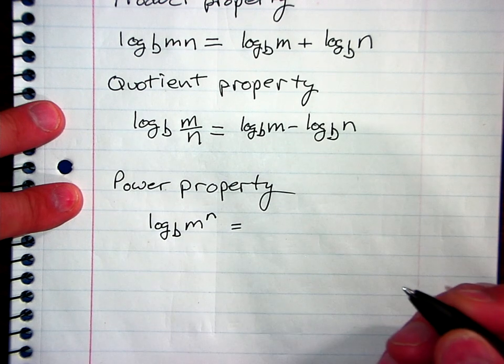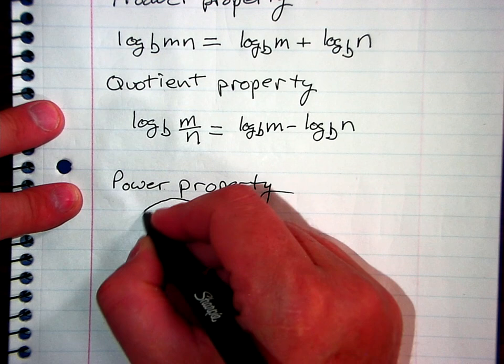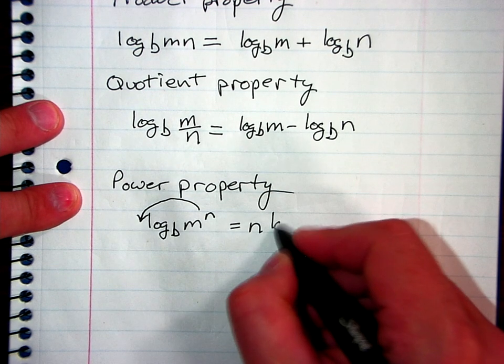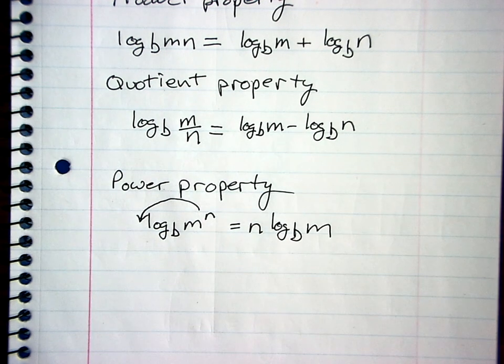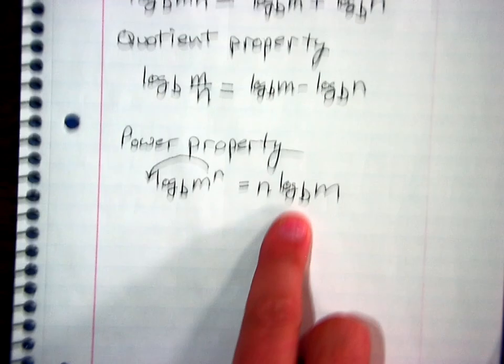So it goes to the front. I'm just going to draw a little arrow and it drops down in front. N log base B of M. You are done. That's a base, it's subscript.